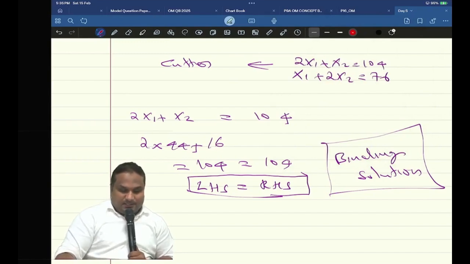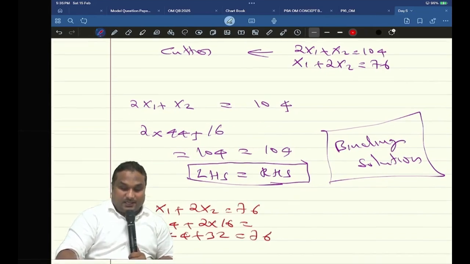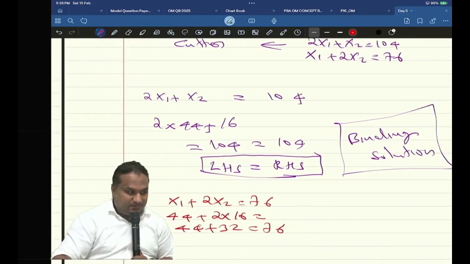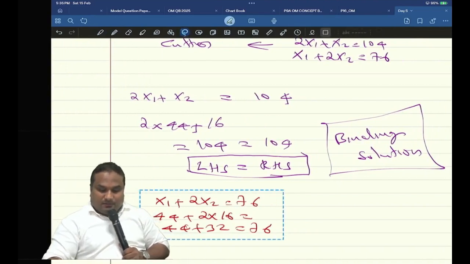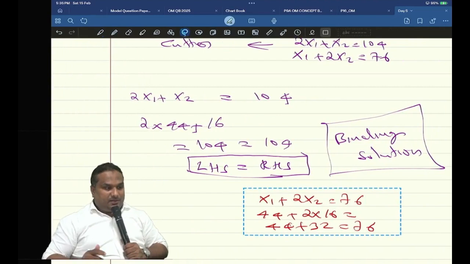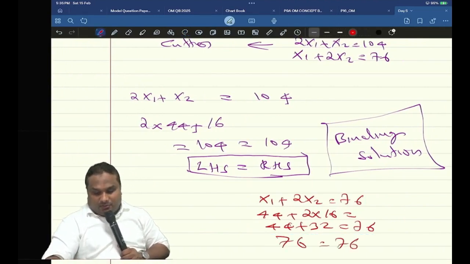Fully utilized. Now let's take x1 plus 2x2 equal to 76. x1 is 44, x2 is 16, so 2 into 16 is 32. 44 plus 32 is 76. Out of the 76 hours of available time of the finisher, all the 76 you utilized.